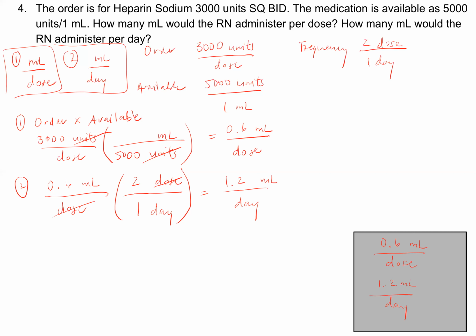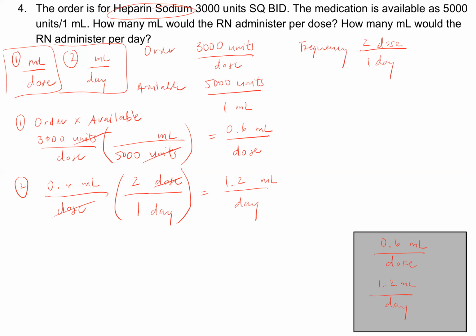The most important thing that you need to note for heparin sodium is when you have your patient here, this is their belly. You want to make sure when you're giving it sub-Q or subcutaneously that you are rotating sites.